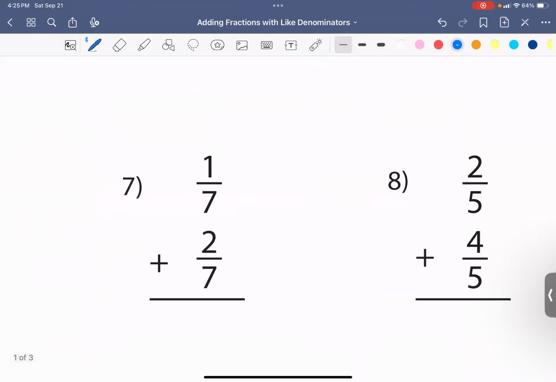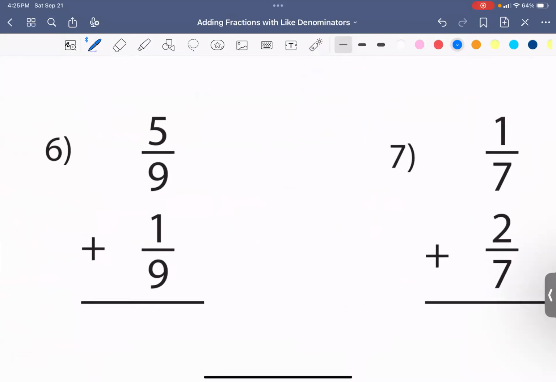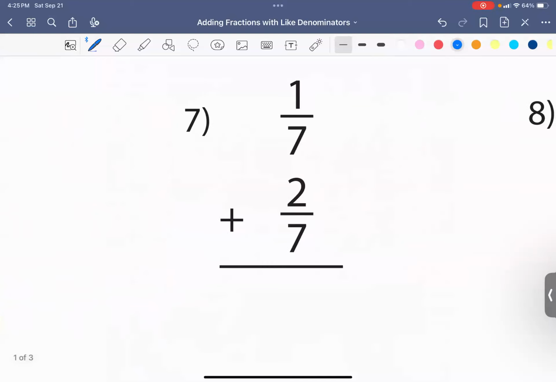Let's do 3 more. 5/9 plus 1/9. Let's have you write down the answer. So 5/9 plus 1/9 is 6/9. Number 7.